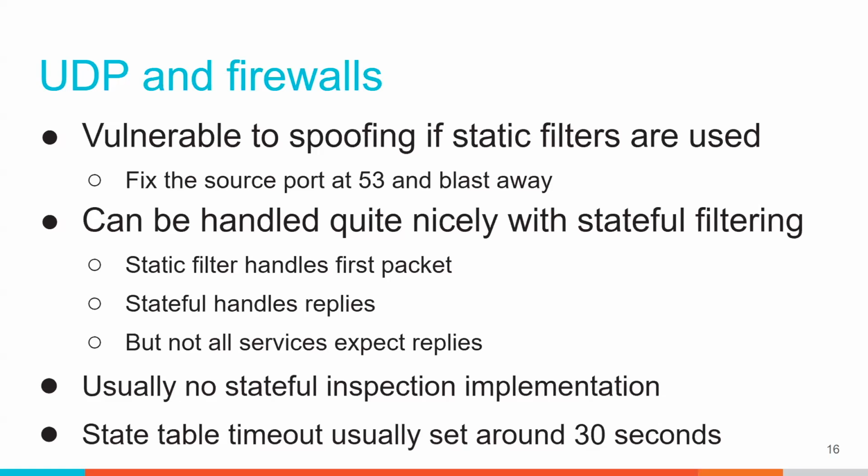If we're talking modern DNS with a decent stateful firewall, handling DNS queries should be no big deal, right? Those are fairly easy to take care of. Usually no stateful inspection is implemented. What do I mean by that? I mean that we don't necessarily look at what type of DNS queries are taking place and make a decision based on that.